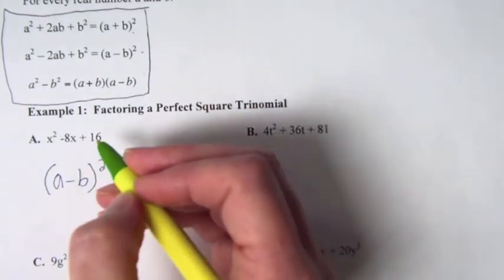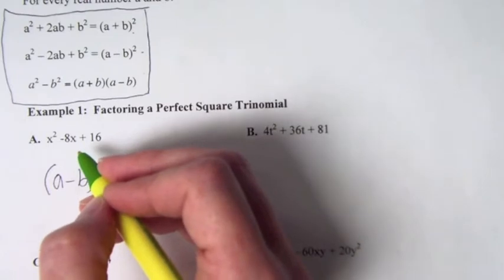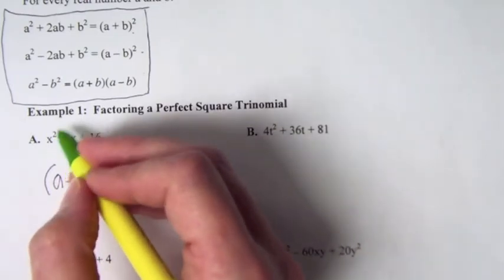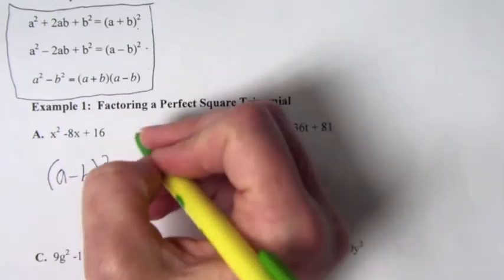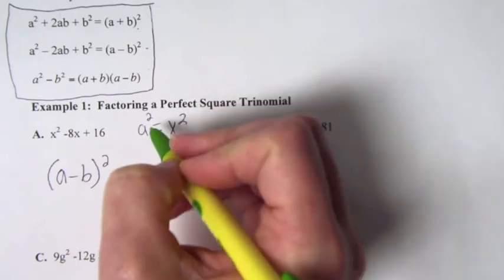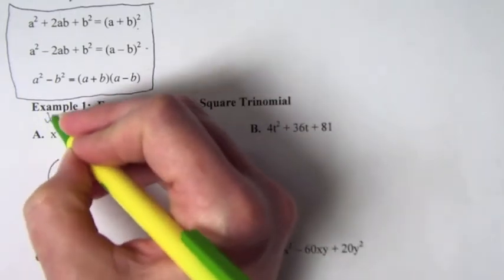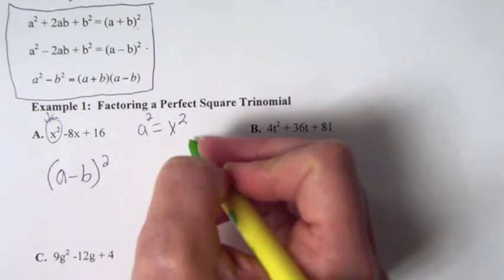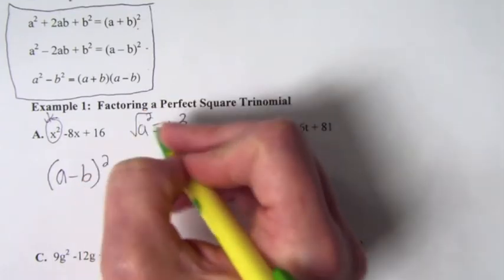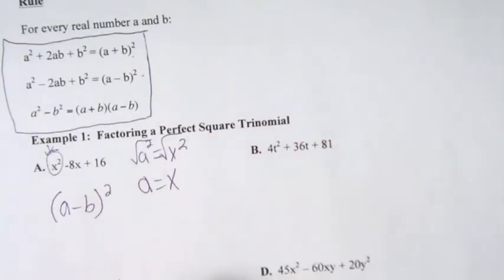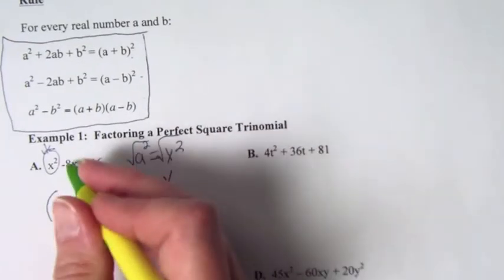Well, to do that, what we have to do is take a square root, because this right here, a squared equals x squared. So then what that means, because this right here is a, if a squared equals x squared, then if we take the square root, a is going to be x. We don't worry about this middle term on these.